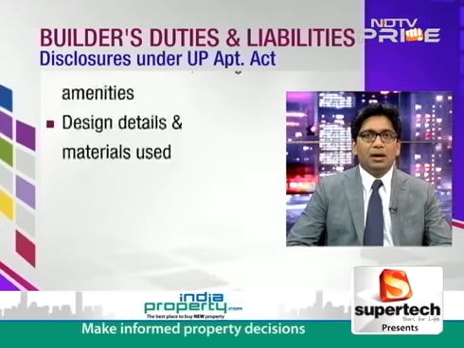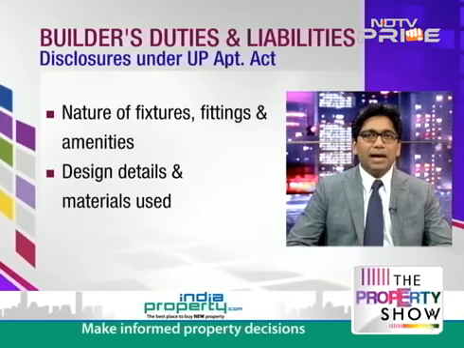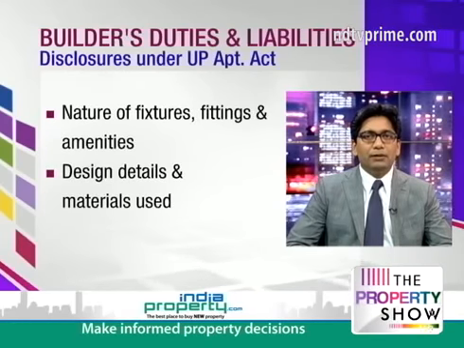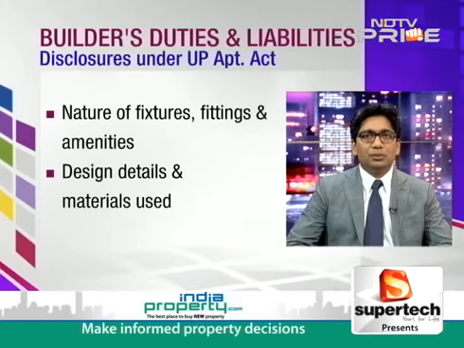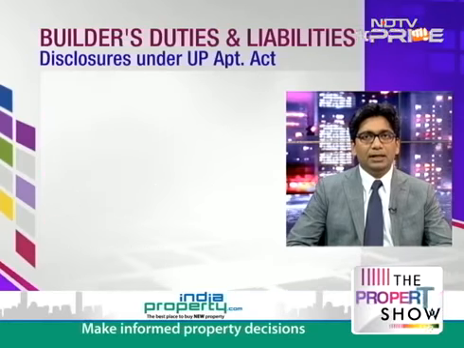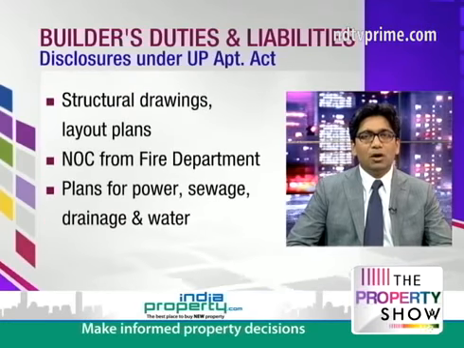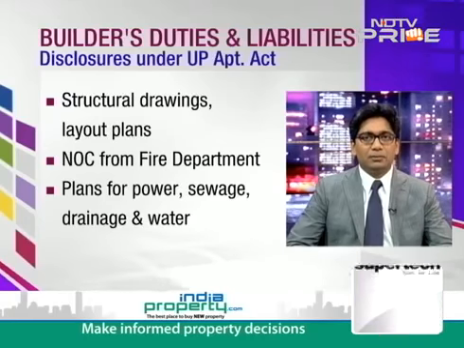Other than that, one major benefit that the UP Act provides is that the apartment owners have a right to be heard in the process of any further changes being made to the building plan.